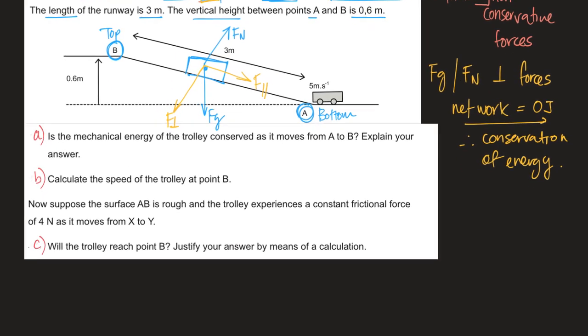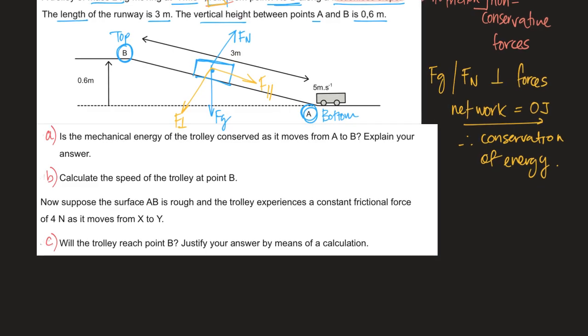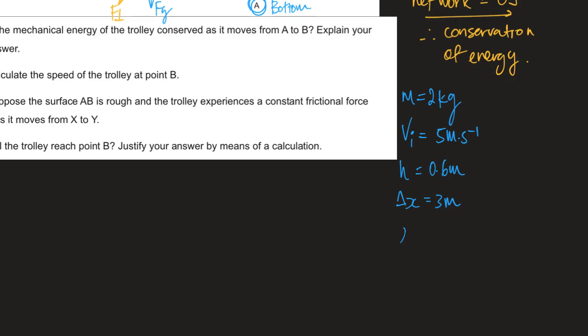Let's account for all the information that we need for this question. The first thing we have here is mass at 2 kilograms. We've got a V initial at 5 meters per second. We've got vertical height at 0.6 meters. Delta X is 3 meters. I know my mu value is 0, so therefore there's no friction.